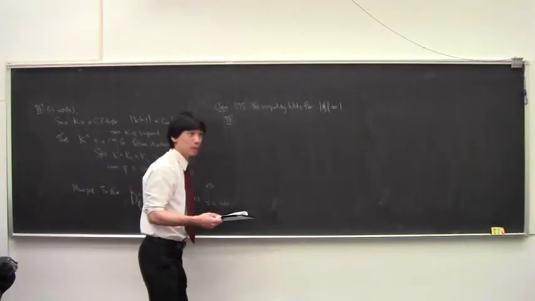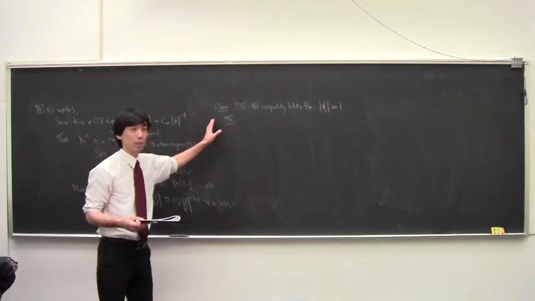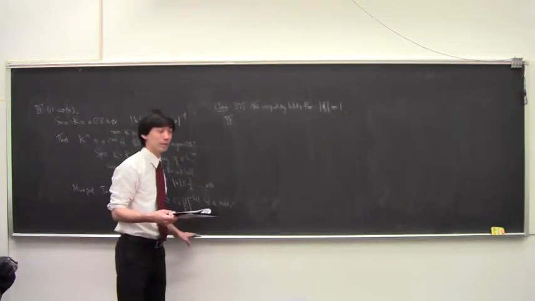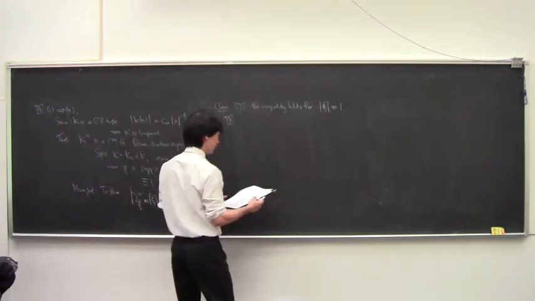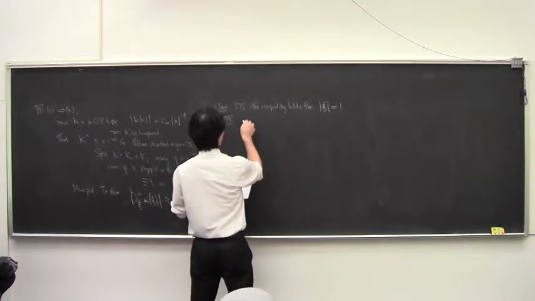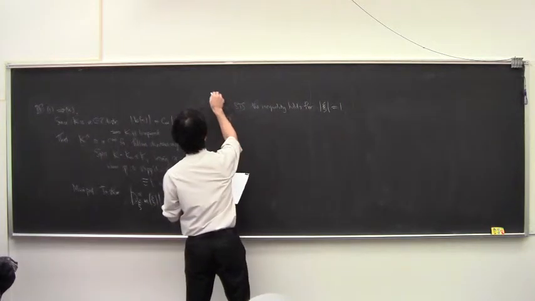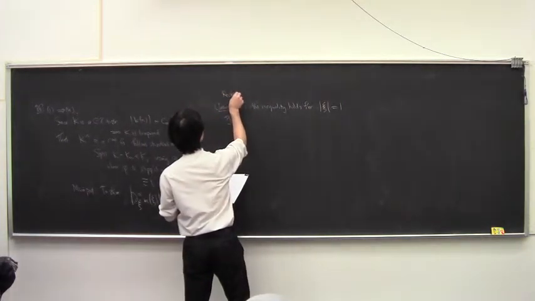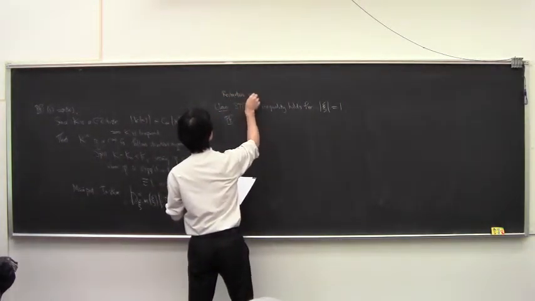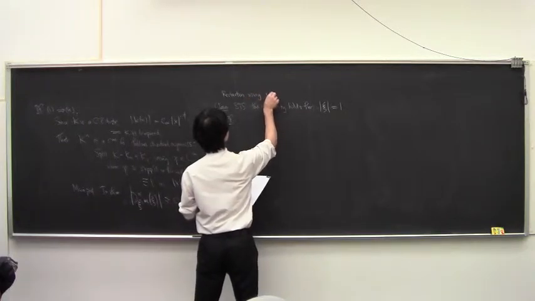And because this is a pretty common sort of argument, and we haven't seen it before in this class, let me lay it out for you. So we have this reduction using the dilation invariance.